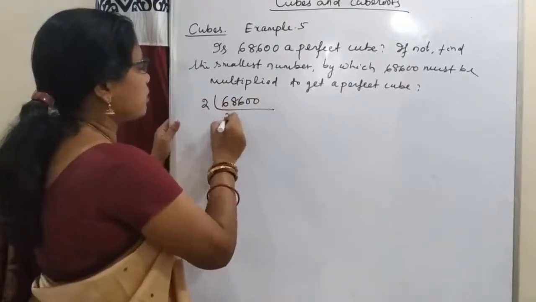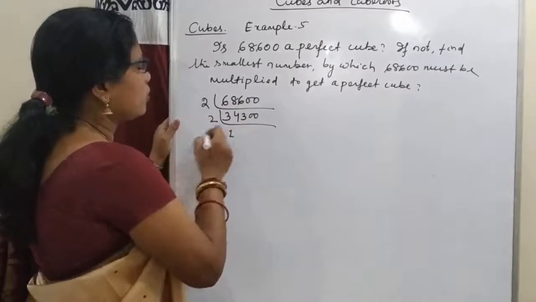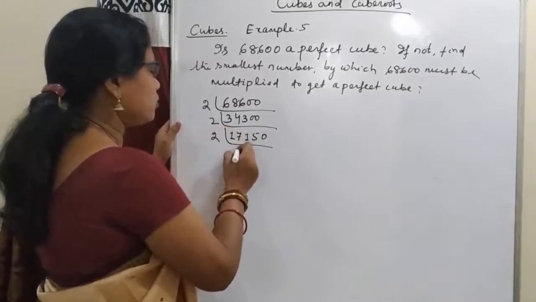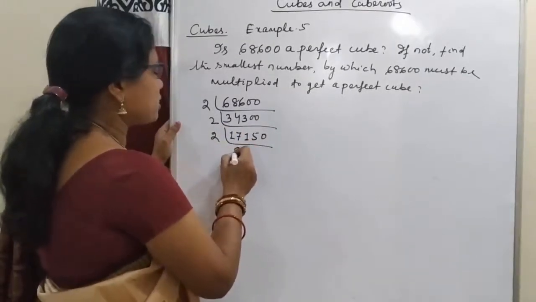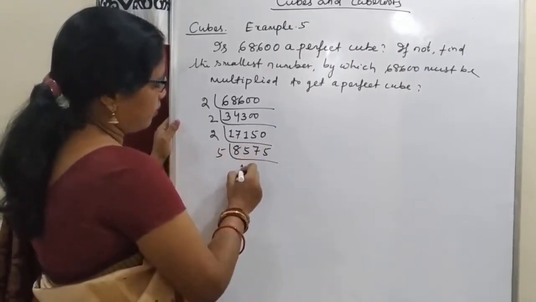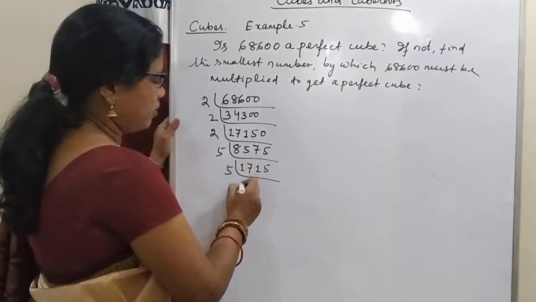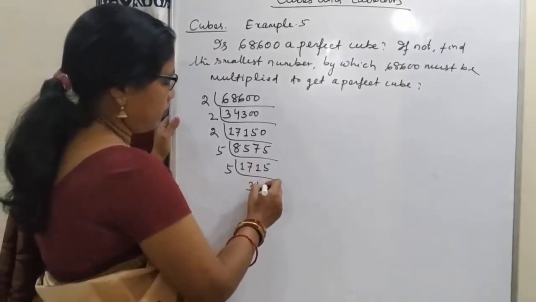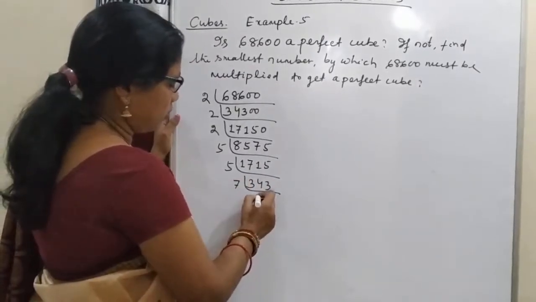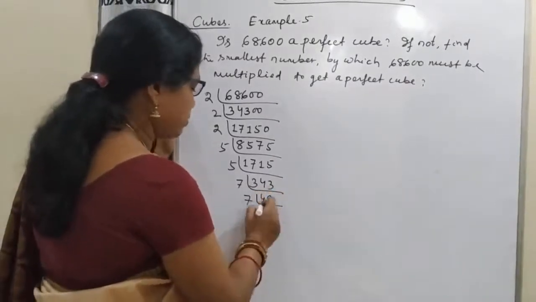So this is divisible by 2, 2 3s are 4, then 2, 2 1s are 2, 7, 2 1, 5 0, then 2, 2 8s are 16, 2 5, 2 7, 5, then by 5, 5 1s are 5, 5 7, 5 1, 5, then 5, 5 3s are 15, then 5 4, 3 43, then this is 7, 7 4s are 28, 7 9s are, then 7 7.